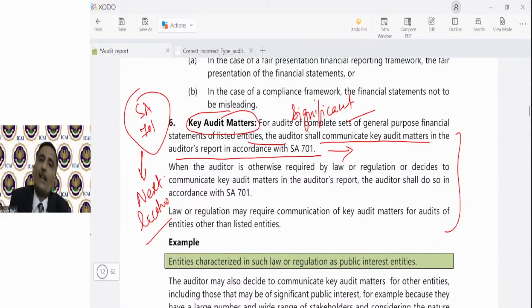These matters relate to the current period, and the auditor has communicated with the management, communicated with those charged with governance regarding these matters. So I have given you an example.